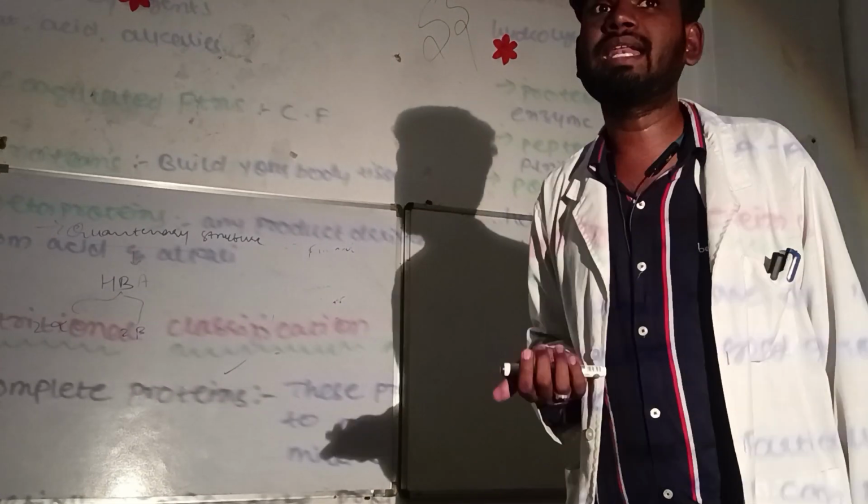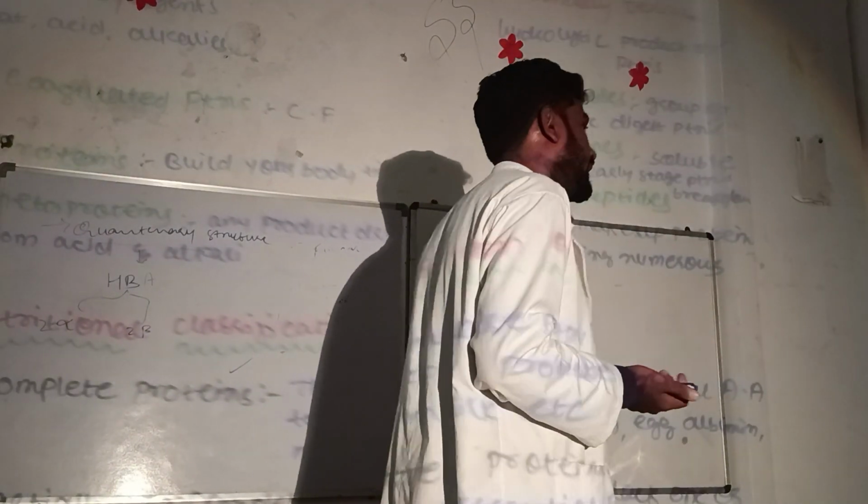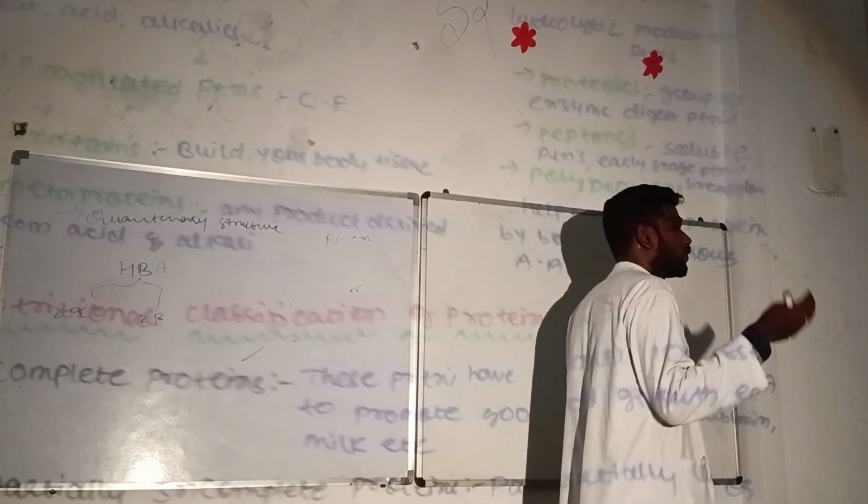Peptone water. For what purpose did you use it? Which test? Peptone water for which test? You add a certain reagent and a purple ring is formed. Biochemical reaction. If in the peptone water you add a certain reagent, a purple ring is formed. What will it form?